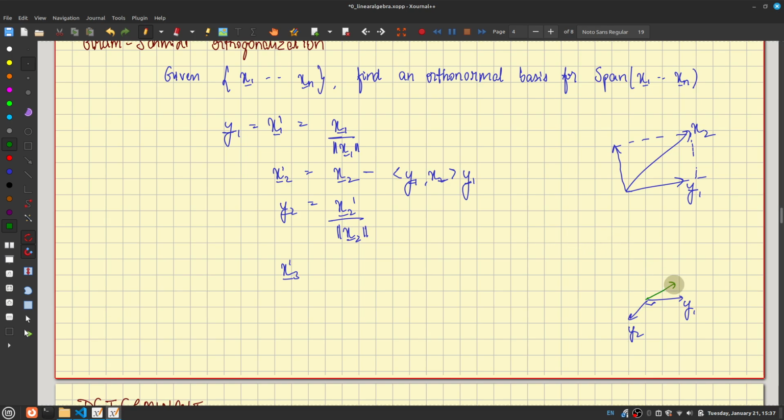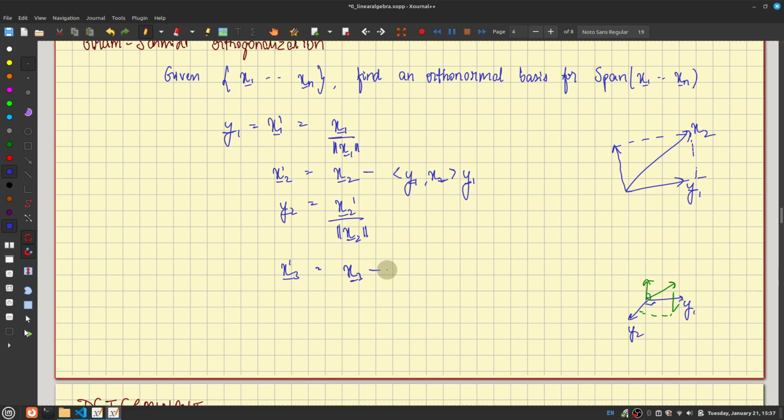I again decompose it into two, one which is along the subspace that is spanned by y1 and y2, and another which is orthogonal to the subspace spanned by y1 and y2. So that gives me x3 prime.